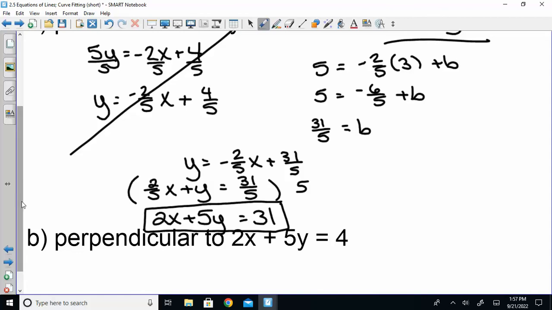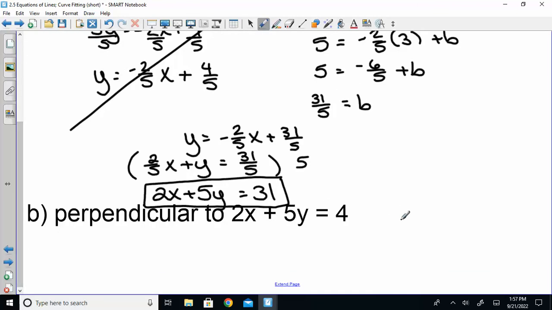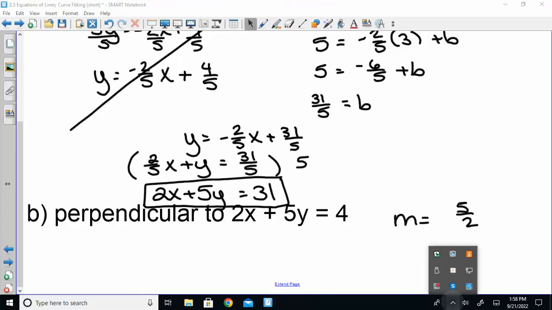Very last example, perpendicular to the same line. So if the slope of this line was -2/5, what would be the slope of the line perpendicular? Positive 5/2. You flip it and change the sign. Okay, you guys do this equation in standard form for me. We know what our slope has to be, and we also know our point was given in the problem.